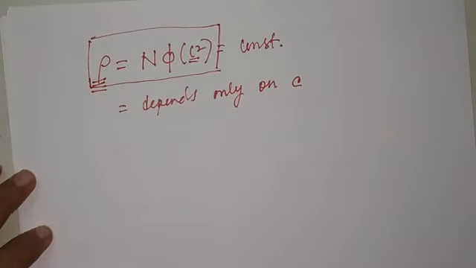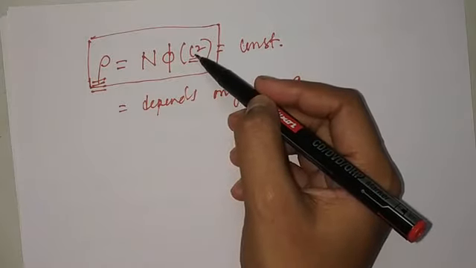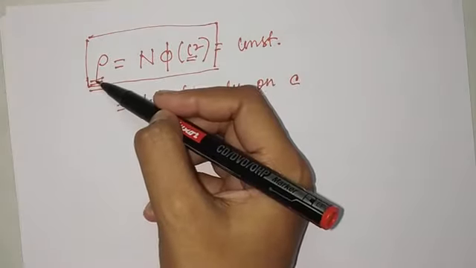number density. It means that different numbers of molecules are moving with different velocities. So we can say that there is a distribution of velocities among the gas molecules. Not all molecules are moving with the same velocity, because if you put different values of c, you will get different values of rho.